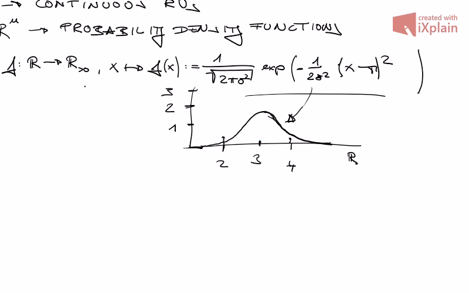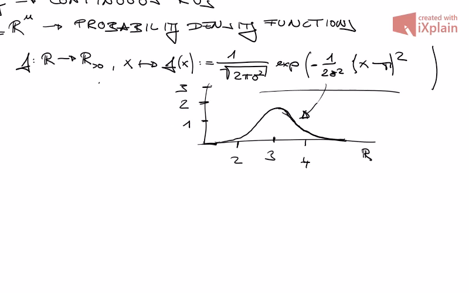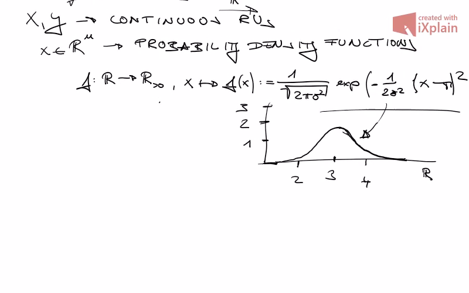But probability density functions don't have to be smaller than 1 in terms of their values, because they assign probability densities, not probabilities.